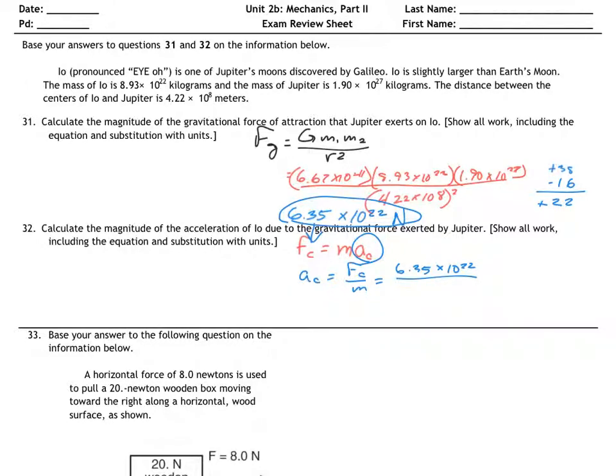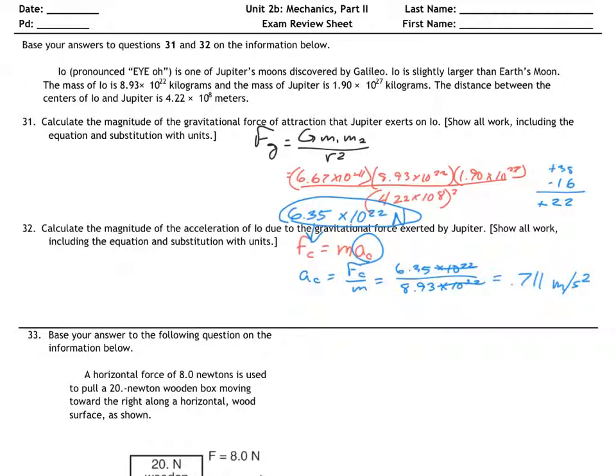I'm going to scan the question again. It was 8.93 times 10 to the 22. You can see these two parts will cancel, and we're essentially doing 6.35 divided by 8.93. And the value I got was 0.711 meters per second squared.